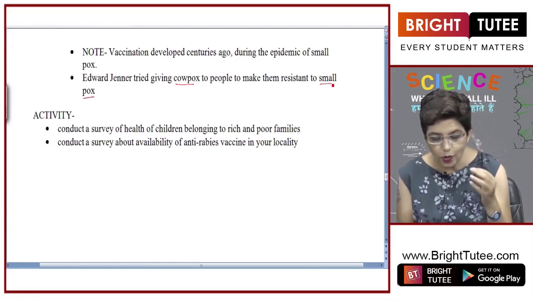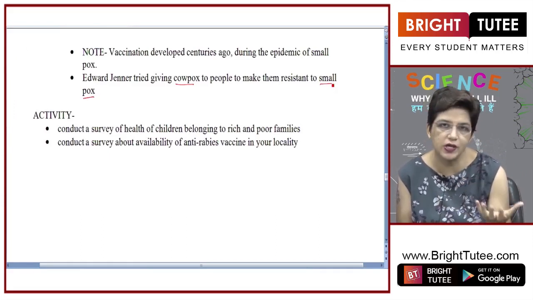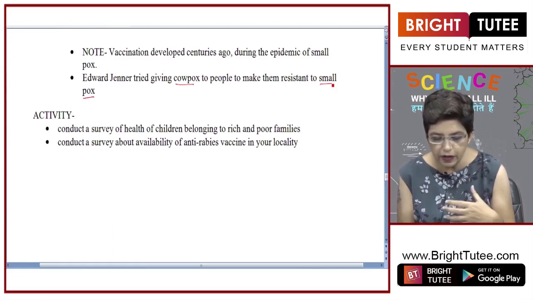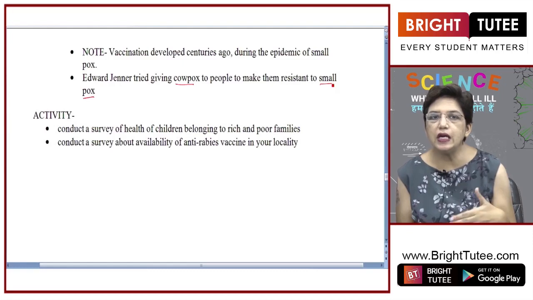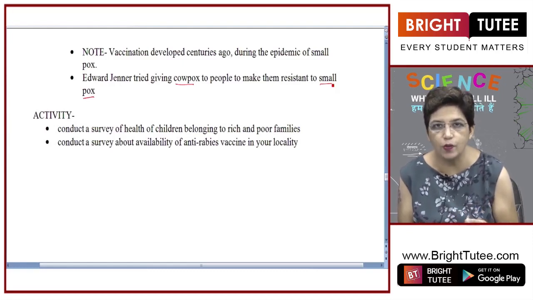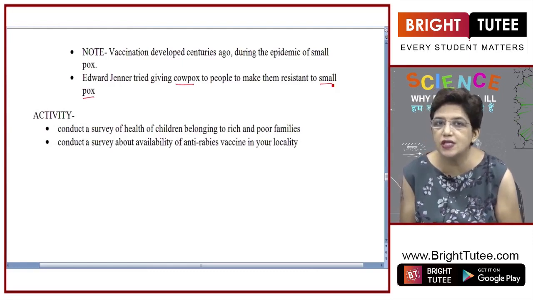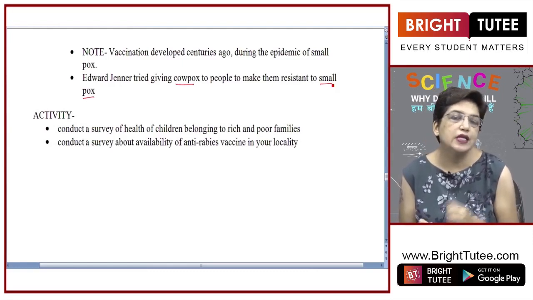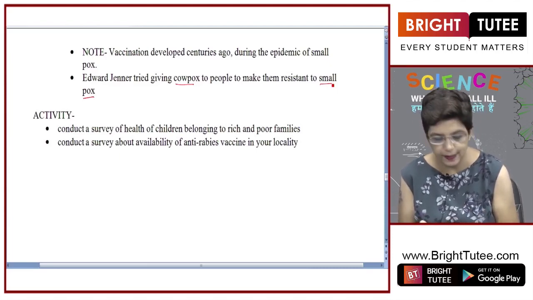So when the cowpox virus was injected into the body of a healthy person, he suffered a little bit because it's a very mild disease, but his body created antibodies to fight off smallpox. So such patients became resistant to smallpox. This actually gave rise to immunization and vaccines.